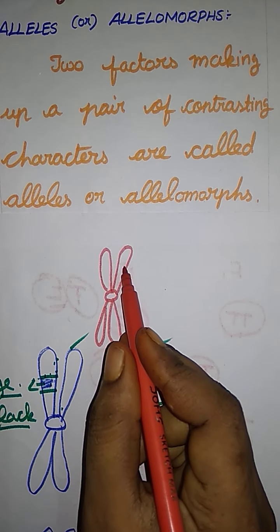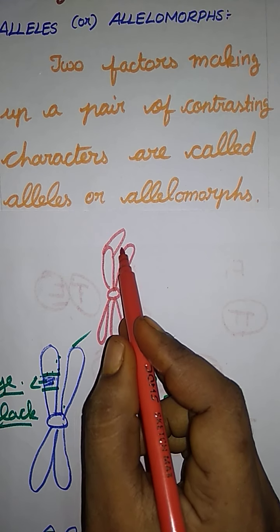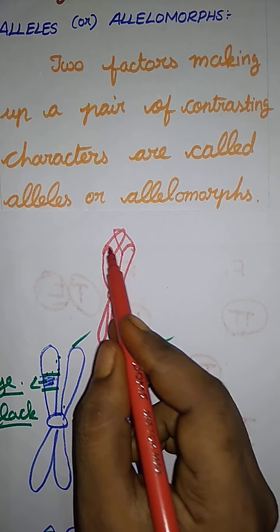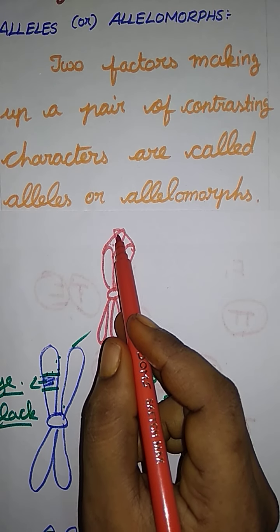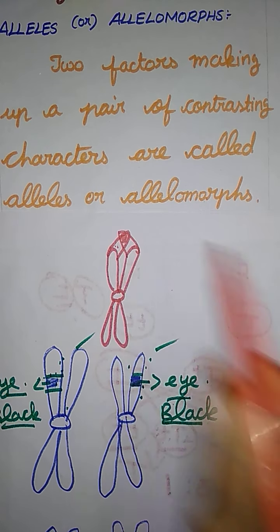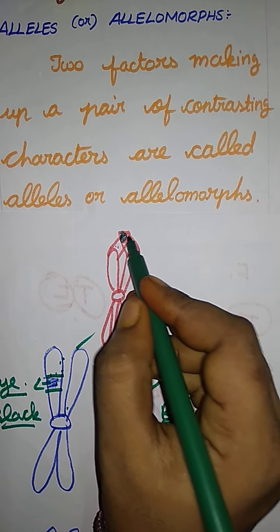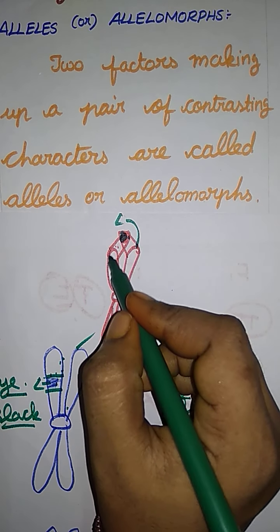This is two factors, they are going to make up a pair with each other. Now they have made a pair. Contrasting character: here they have one character and here another character, and they are transferring characters between them.